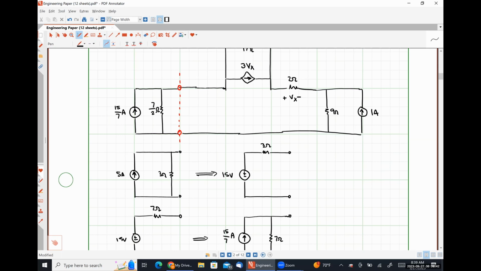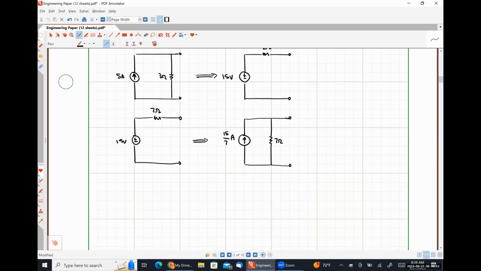Now, the last thing that I'm going to do is I'm going to do yet another source transformation on that leftmost practical source, okay? So there's going to be 15 sevenths of an amp in parallel with 7 halves of an ohm.